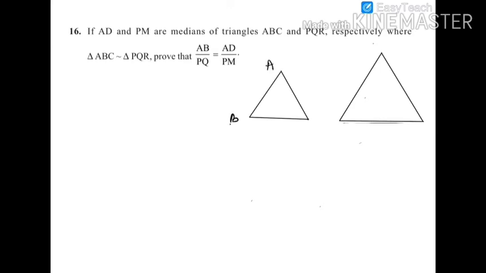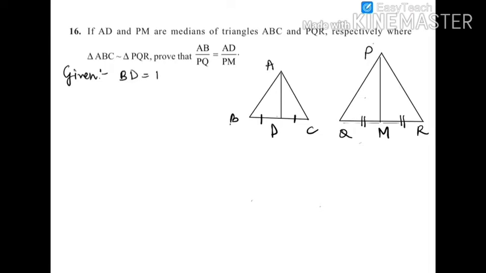Clearly, we need to draw two triangles, triangle ABC and triangle PQR, in which AD is a median and PM is also a median. So BD will be equal to DC, QM will be equal to MR. So let's write down what is given in the question.